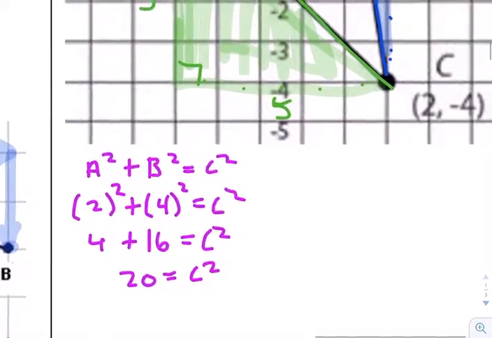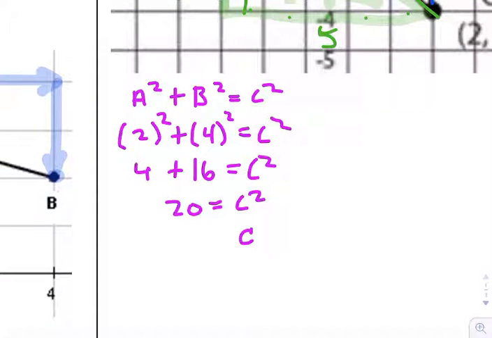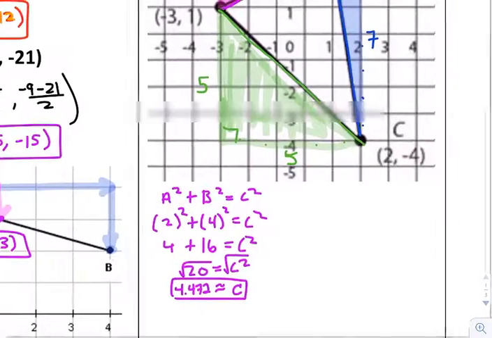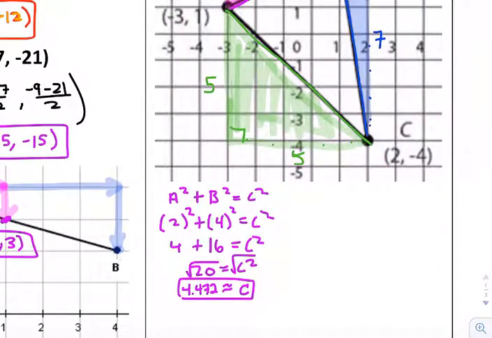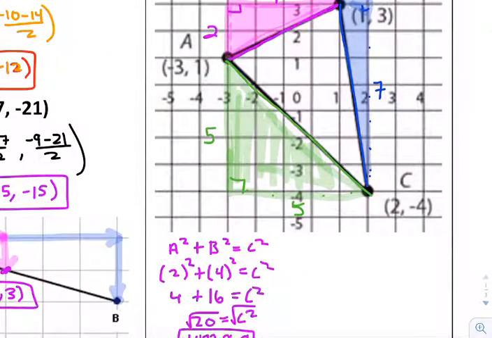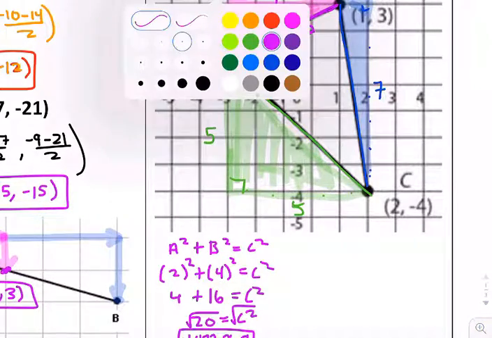And so square rooting both sides, the c can approximate to be about 4.472. Okay, and so that's going to be this length right here, 4.472, or at least approximately that length.